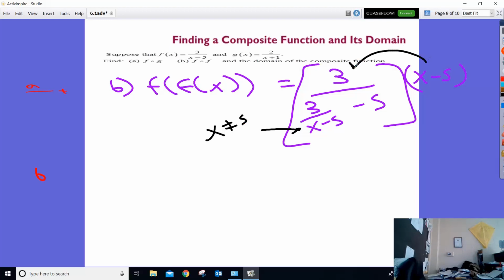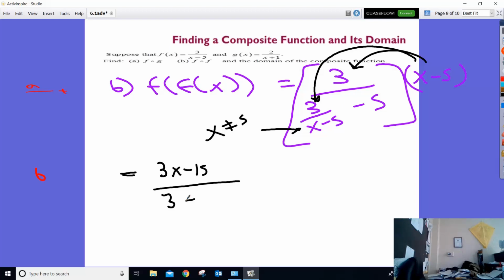So, you go here. What's 3 times X minus 5? 3x minus 15. Over. Distribute here. What happens? Cancellation. There's an X minus 5 up high, there's an X minus 5 down low, which is 3. Minus, you go here.